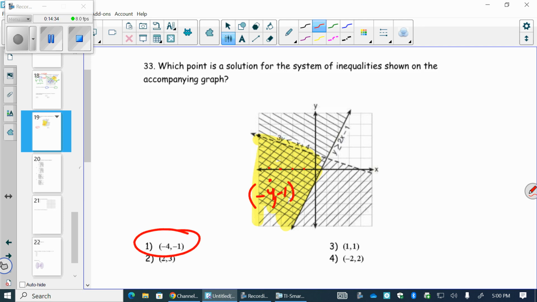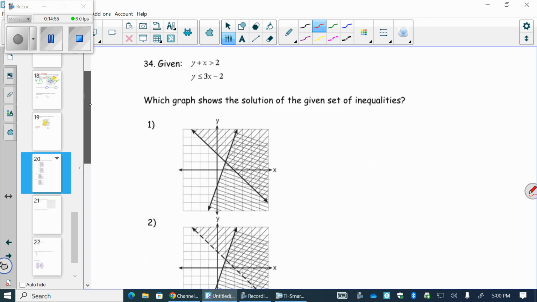So that's that. Are there any other points there? Which point is a solution for the system? Yeah. Negative 2, 2 might be tempting, like this last one, but you go to negative 2, 2, you actually land on the dotted line. Which is not. Okay, just about.